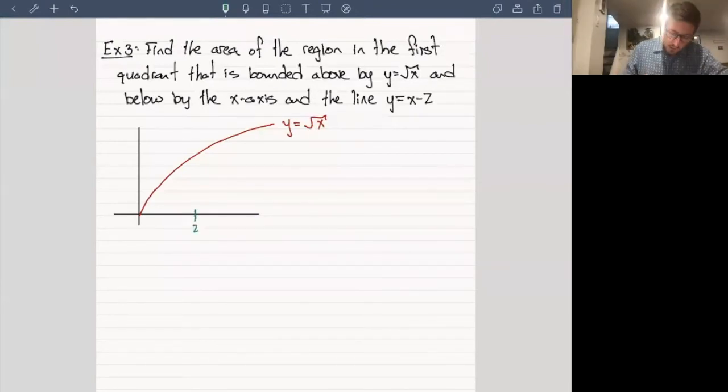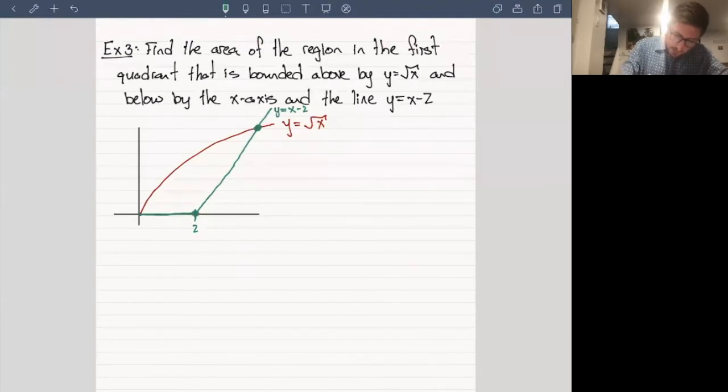Now, we're looking just in the first quadrant, so it tells us that the lower bound is made up of the x-axis in this case, so the curve y equal to 0. And then beyond that, the lower bound of this region is made up of the curve y is equal to x minus 2.